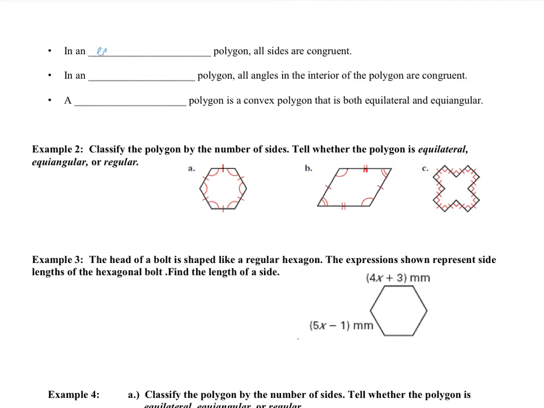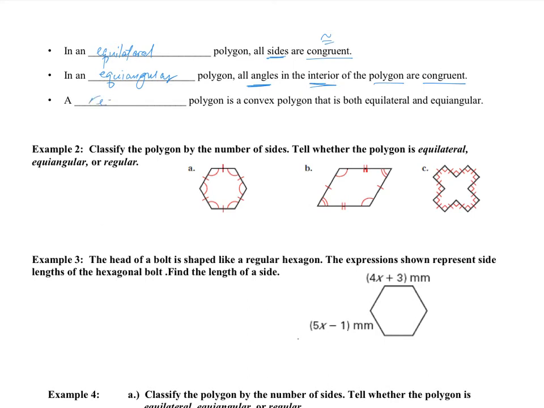In an equilateral polygon, all sides are congruent. In an equiangular polygon, all angles in the interior of the polygon are congruent.